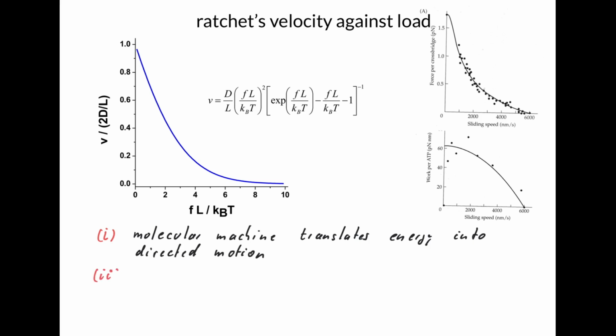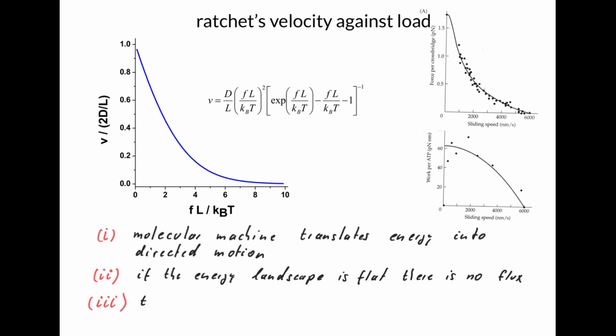We also learned that the description using the energy landscape is a useful description to understand the ratchet's motion, which also predicts that if the energy landscape is flat, there is no flux in such a system. Finally, we learned that there is a maximum speed of such a motor or ratchet, where the maximum speed is set by the diffusion constant of the motor.